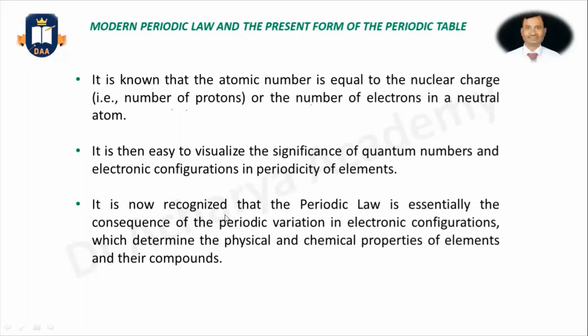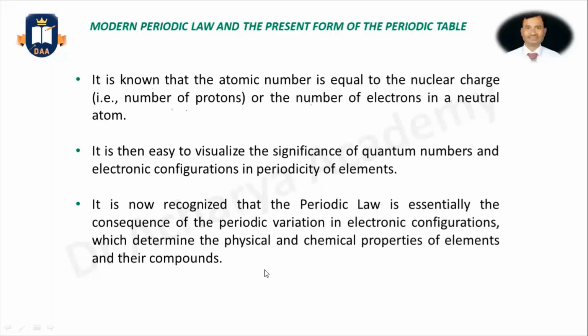It is now recognized that the periodic law is essentially the consequence of the periodic variation in electronic configurations, which determine the physical and chemical properties of elements and their compounds. That means the electronic configuration is responsible for the physical and chemical properties of elements and their compounds.